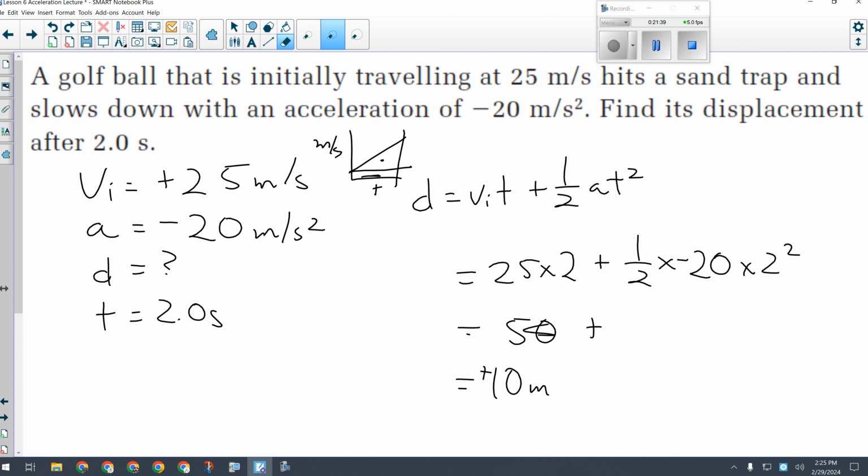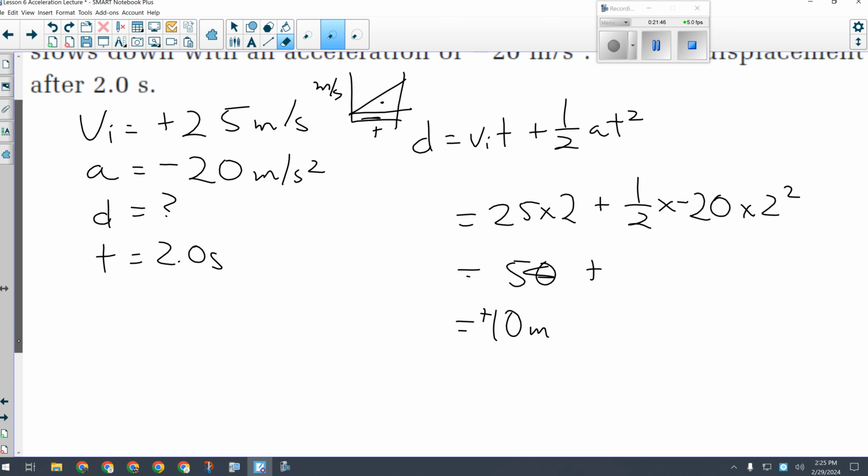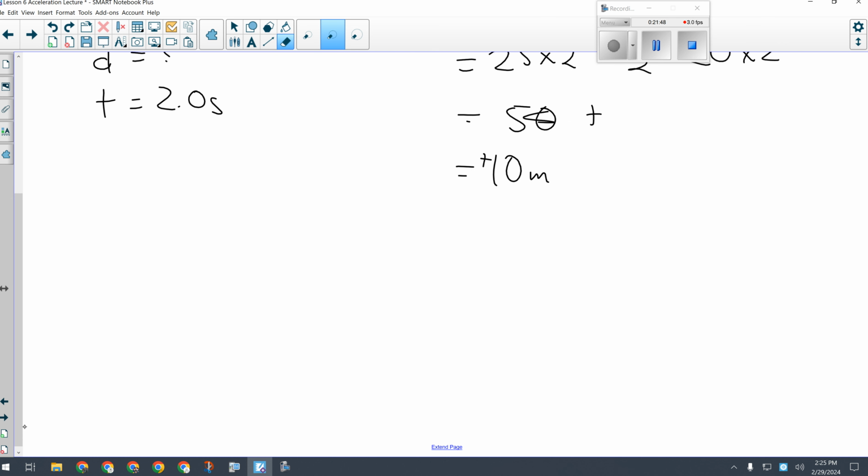Okay, manipulations of this formula are tricky. So here's some things we need to look at for this one's manipulation. First off, let's say I wanted to solve for VI. What should I move first? What's not attached to VI right now?